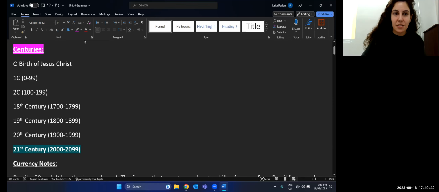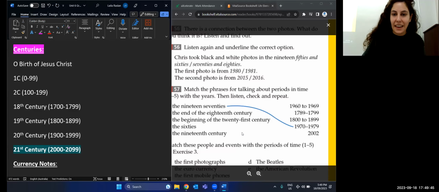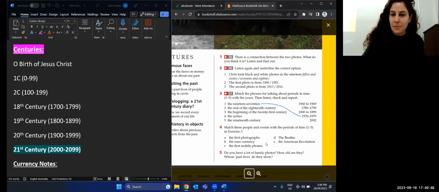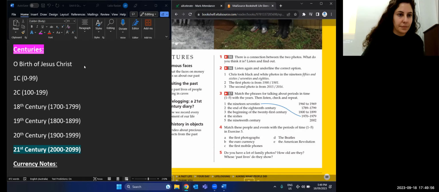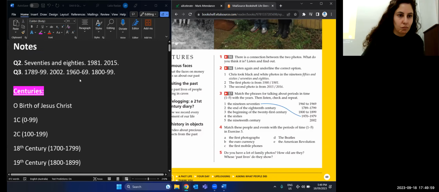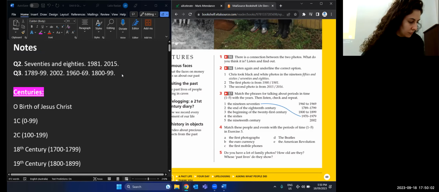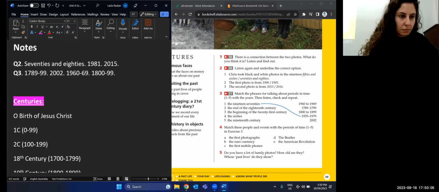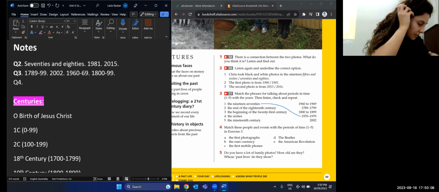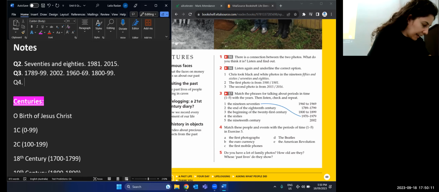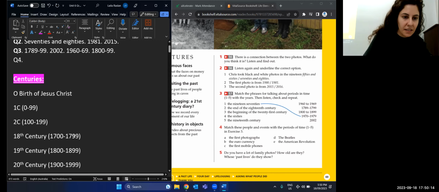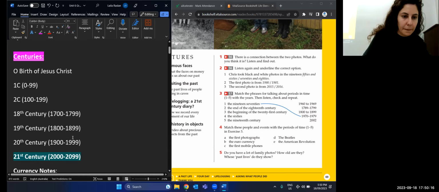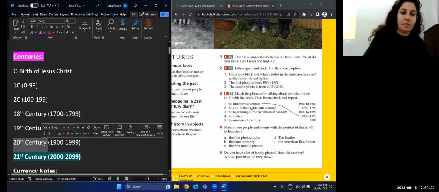So let's go back now to our book and match these people and events with the periods of time. So the first photograph was when? Well, the first photo was in 1981, so that makes it in the 20th century.